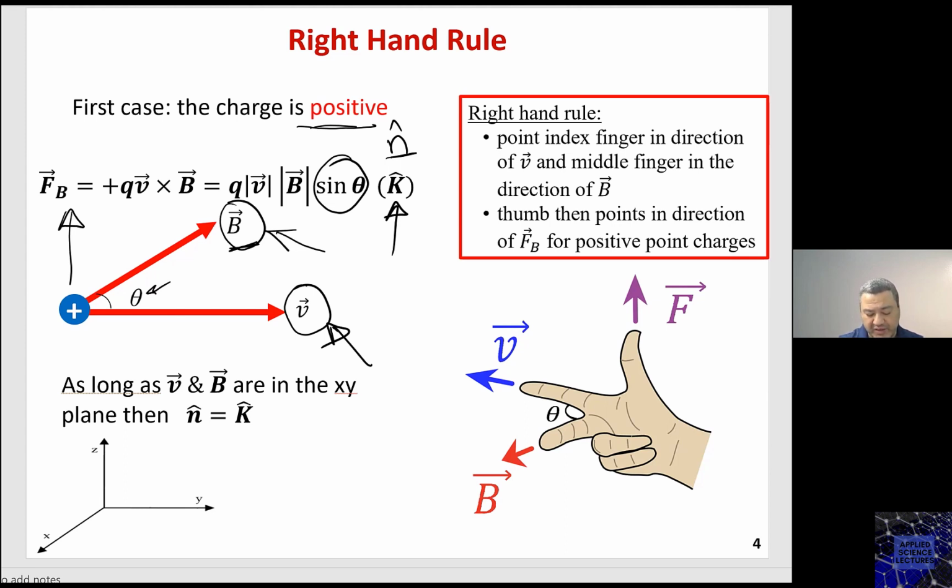And in this case, as we have explained, n hat would be k hat. So we still have the same positive charge. However, I have swapped the magnetic field and the velocity just to show you how this is going to affect the force. So depending on the direction of the velocity and the direction of the magnetic field, the direction of the magnetic force will be determined.